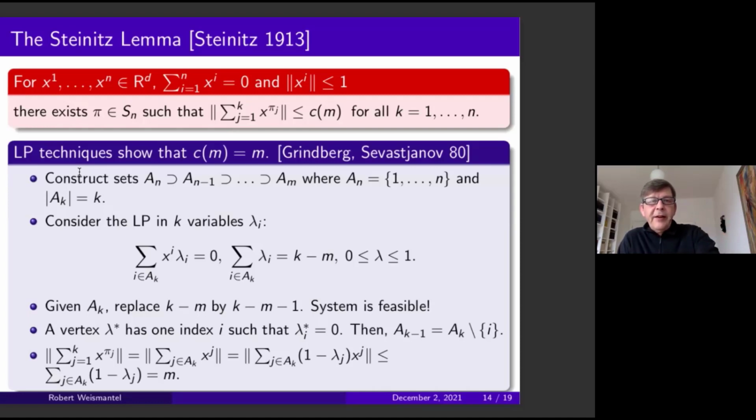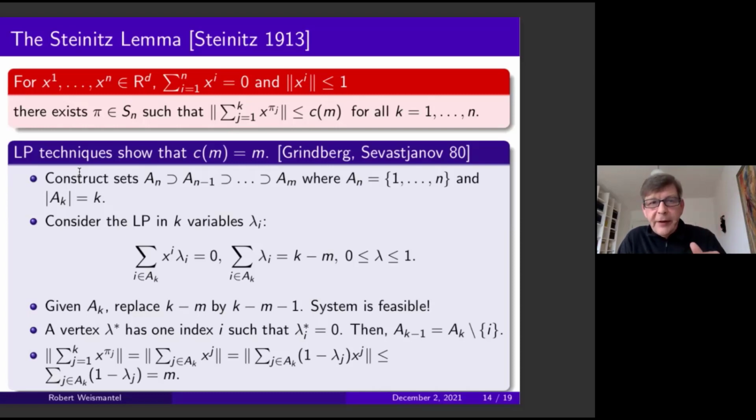So you look at sets that you now try to define. You start with the set An, this is the full set of all the elements. And then this should be a superset of A(n-1), a superset of and so on, down the chain. And the set Ak should have a cardinality of k.